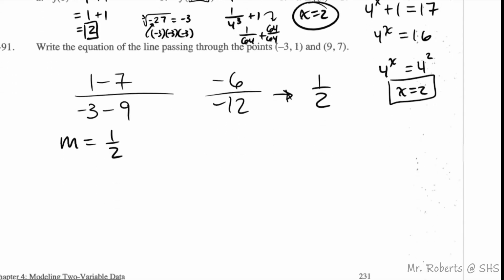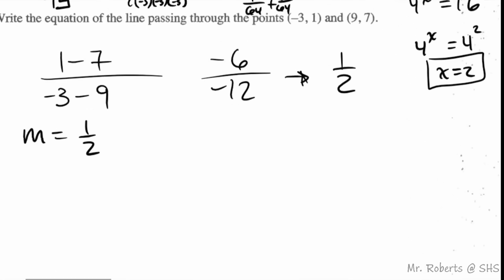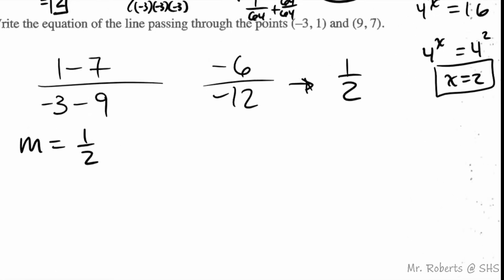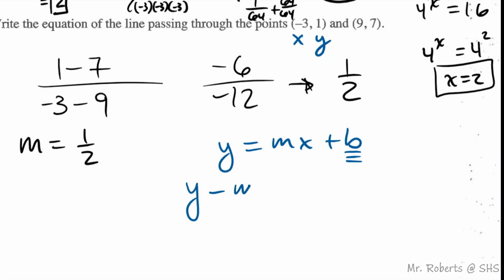And now I need to find my friend the y-intercept, right? So to find the y-intercept, I'll use the x and the y from this point. What do I know? Because y equals mx plus b, if I'm trying to figure out what b is, I could just take away mx from both sides, right?